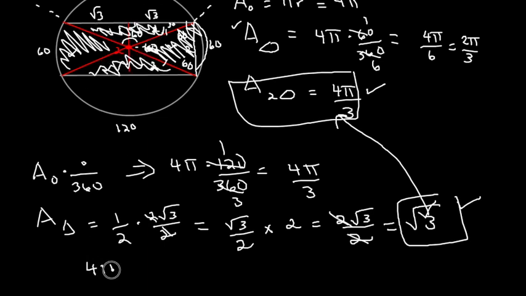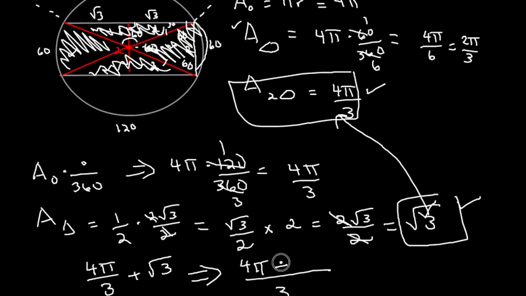So 4 pi over 3 plus the square root of 3, common denominator is 3, so we have 4 pi plus, this had better work out after all this. Yeah, something didn't work out here.